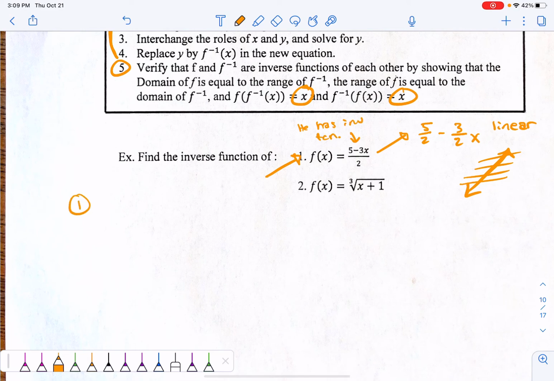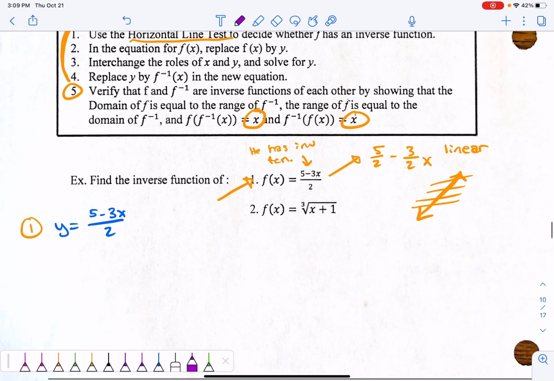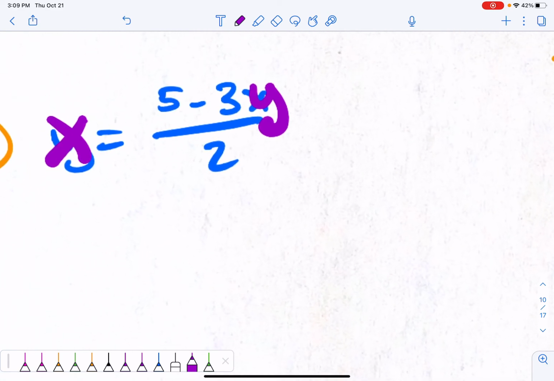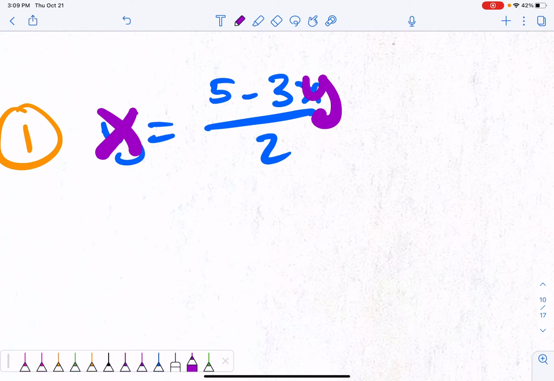So we're going to be doing the 4 steps to it, like I did on the front page. So y equals 5 minus 3x over 2, and I'm going to cheat and rename them, switching the x and the y. Now we are solving for y. We're trying to get this y by itself.